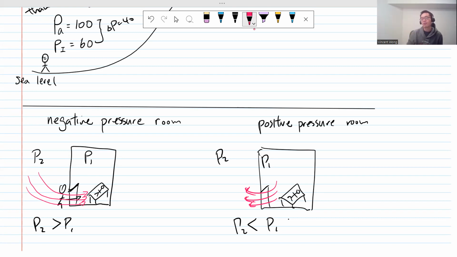It has to do with something that we learned last lecture, in lecture 3. Who do we keep in a positive pressure room?